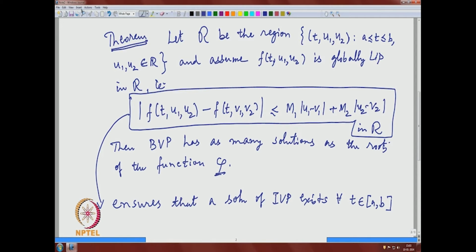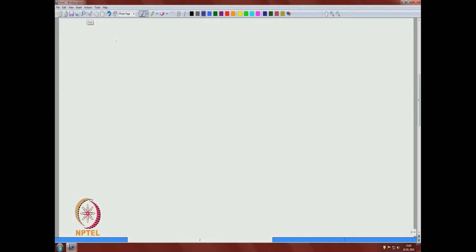So in fact, let me give an example. Somewhat difficult integration, but doable. This is again a second order equation.